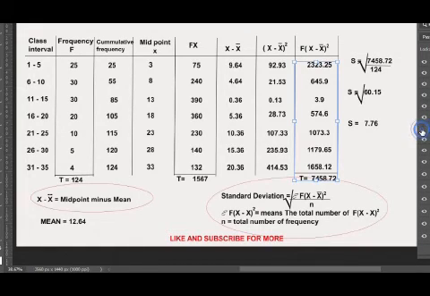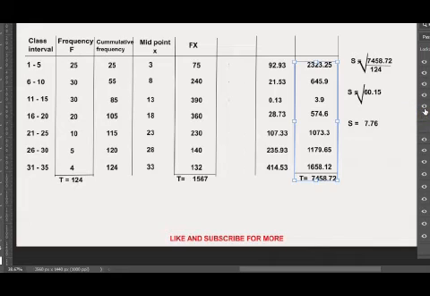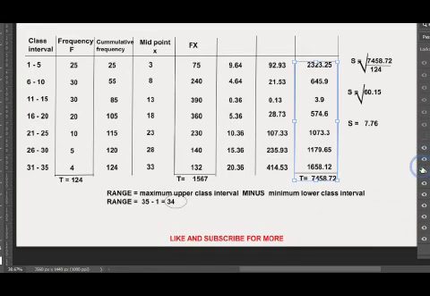So now we are going to move on to how to solve range. Range is very easy to solve. So how do we solve range? On the screen you will see that range is equal to maximum upper class interval minus minimum lower class interval.